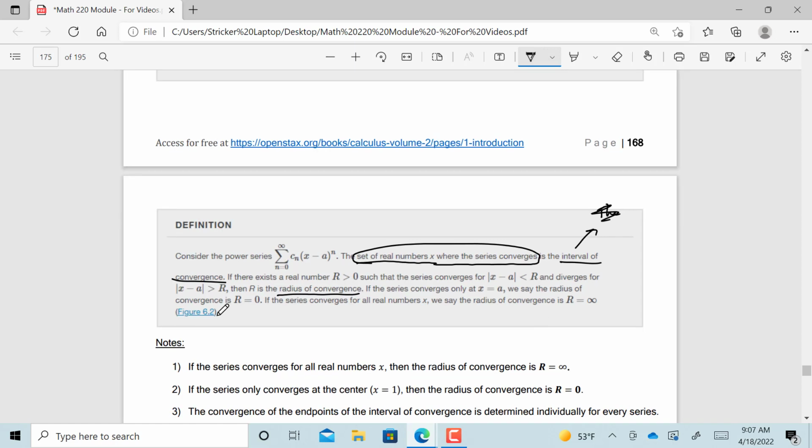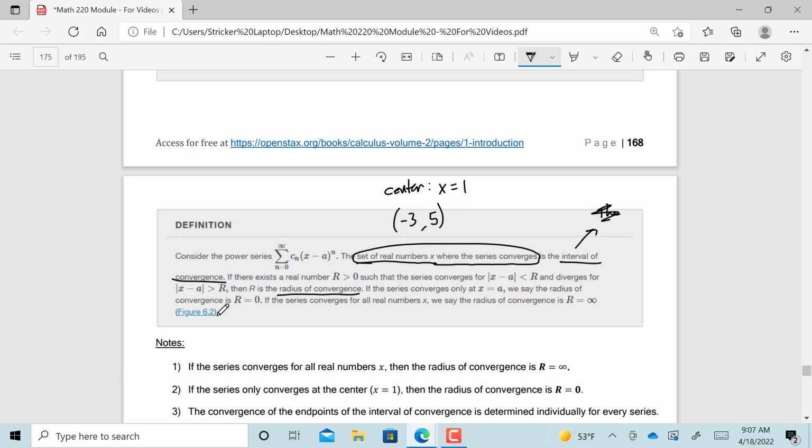Like it could converge for all values of x between -3 and 5, okay? Now, if this was our interval of convergence, that would mean the center would have to be at 1. So the center of this interval would have to be x equals 1.